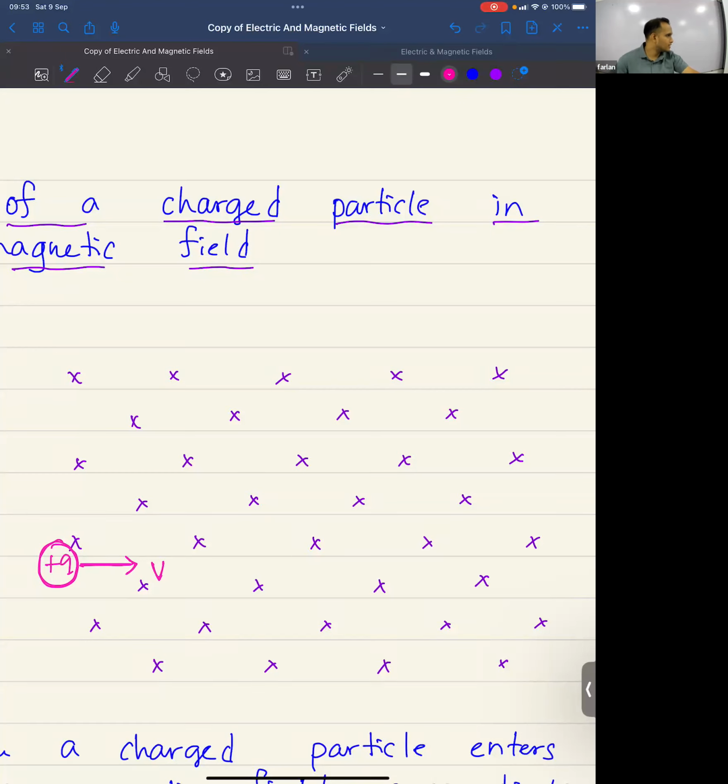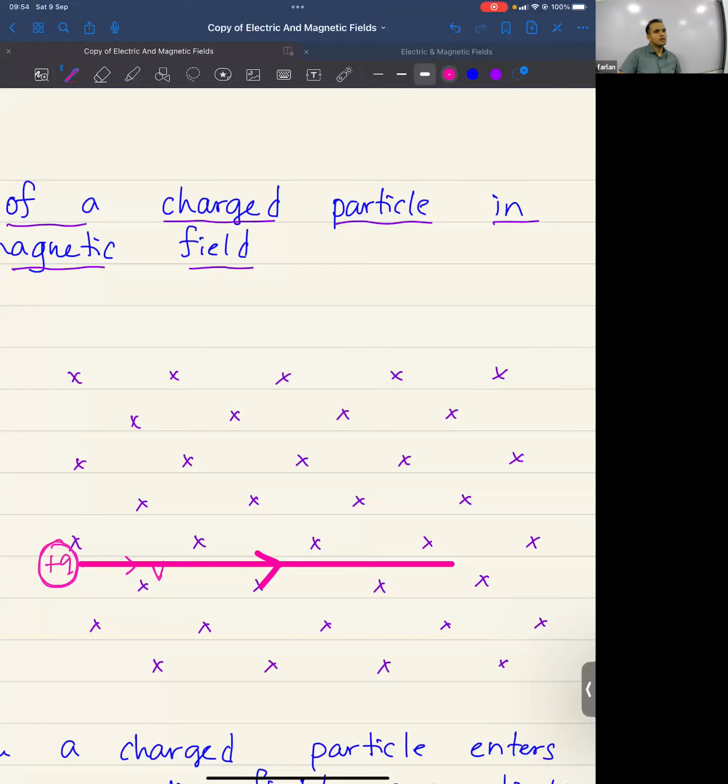Let's say it has a charge of positive Q and enters at a speed of V. Its direction is supposed to be this way. If there is no disturbance by the magnetic field, it's supposed to be moving that way.